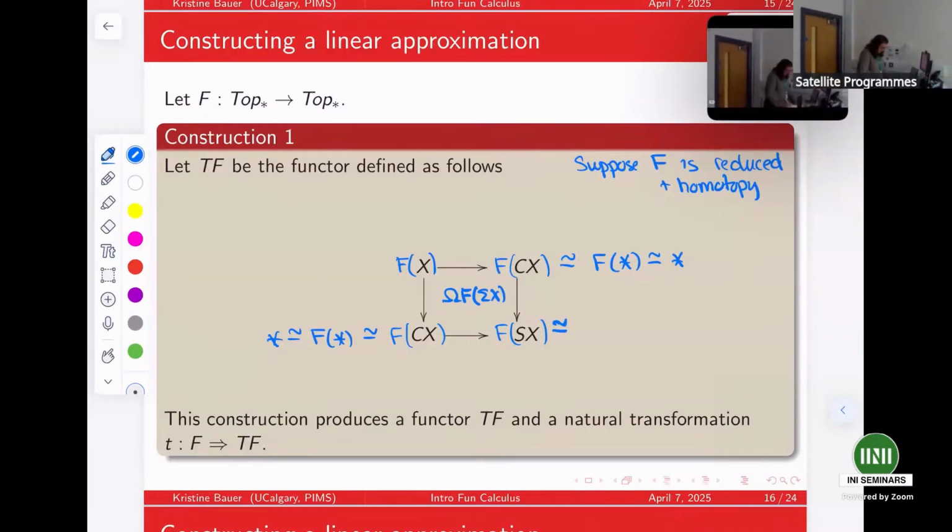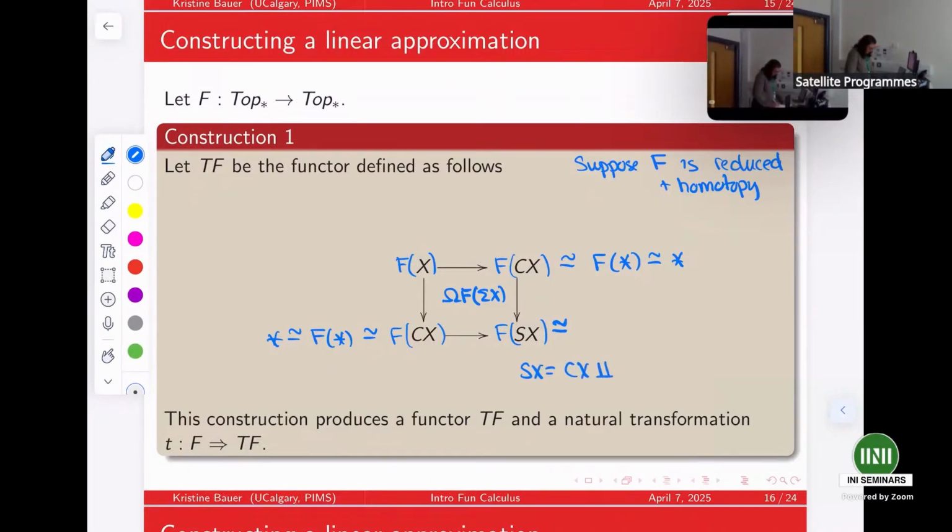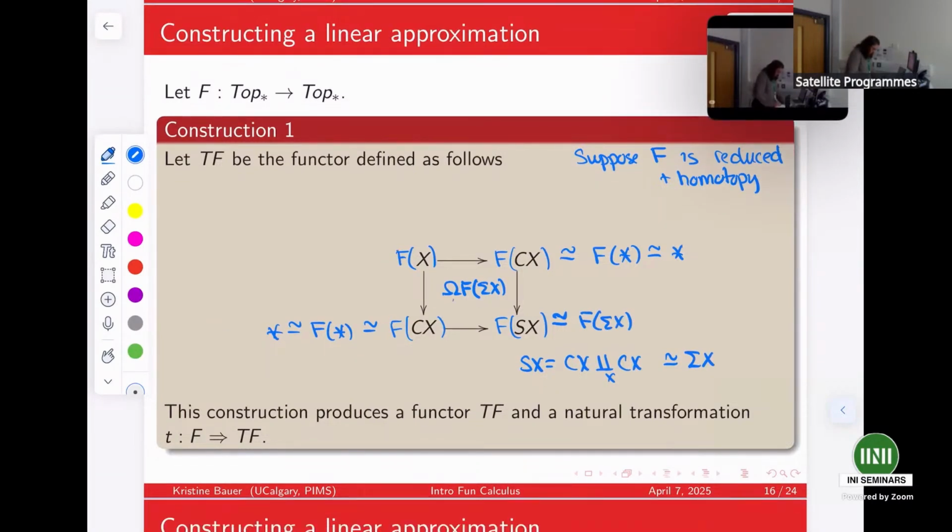Okay, now, the suspension here is the unreduced suspension. It's just the union of two cones along a common copy of X. But that's homotopy equivalent to the regular suspension. So if you prefer to have a based version of your suspension, then you get that. All right, so here's the pullback of that diagram. This is the homotopy pullback of the thing that I started with.